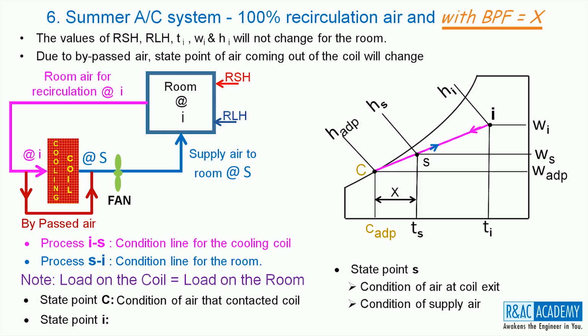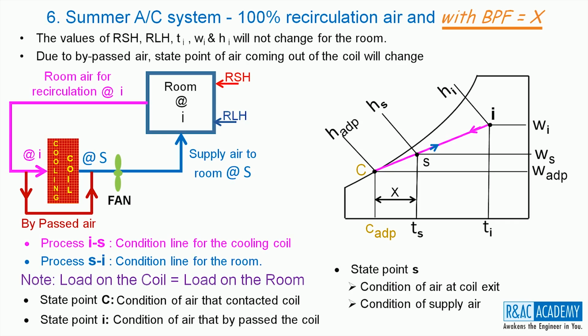The state point I represents here also the condition at which the room has to be maintained, the condition of the recirculation air and the condition of air at coil entry. Additionally, here the state point I also represents the condition of air that bypasses the coil and enters the room. Let me put it pictorially.